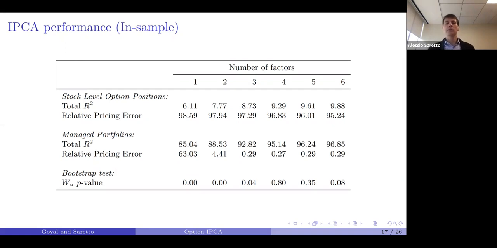So the way this is done is basically a fairly simple, intuitive procedure. You run the model constraining the alpha to be 0, okay? And then you run the model allowing the alpha not to be 0, okay?